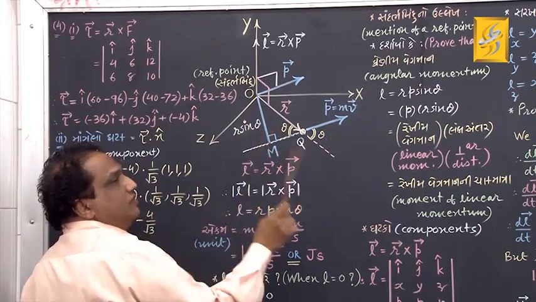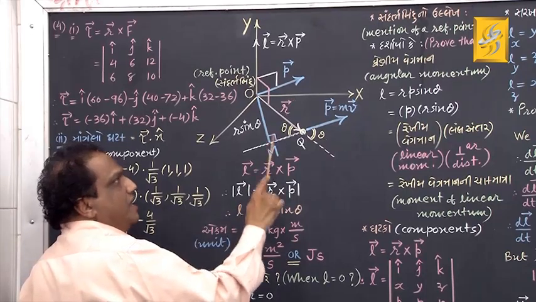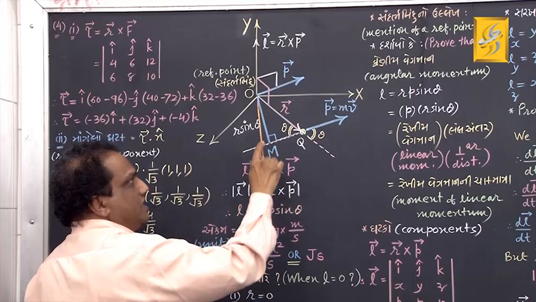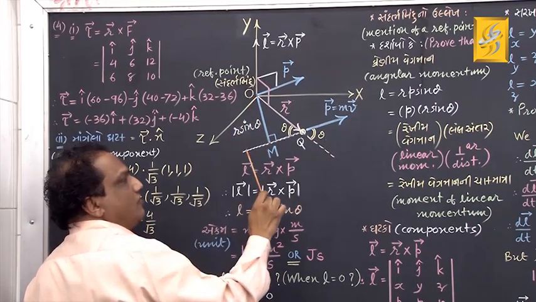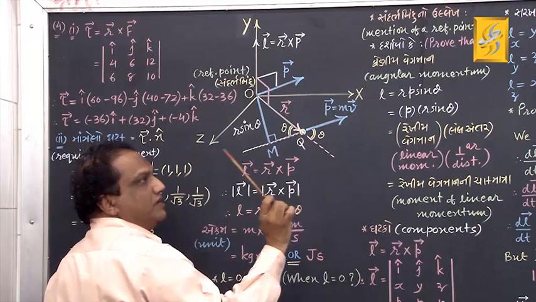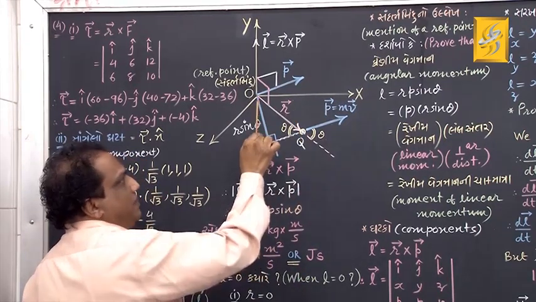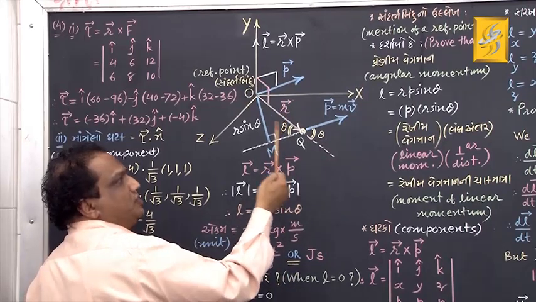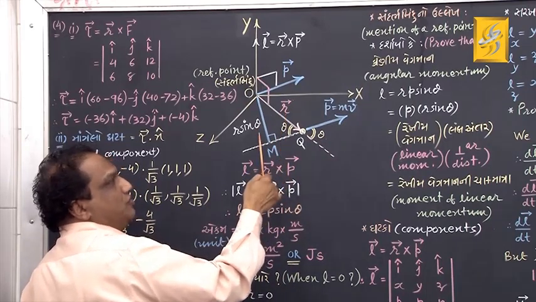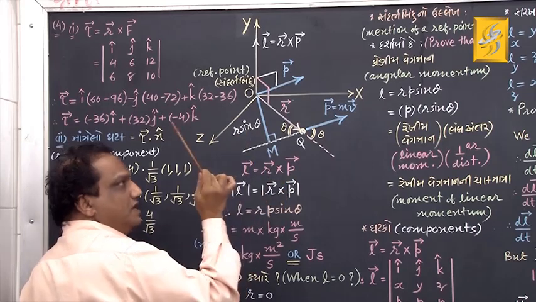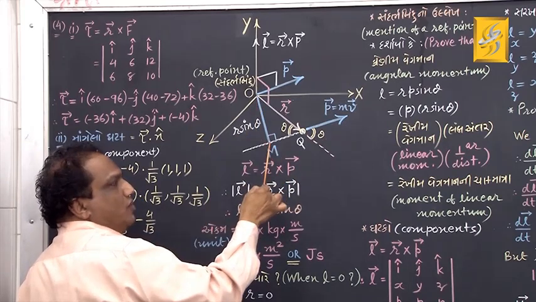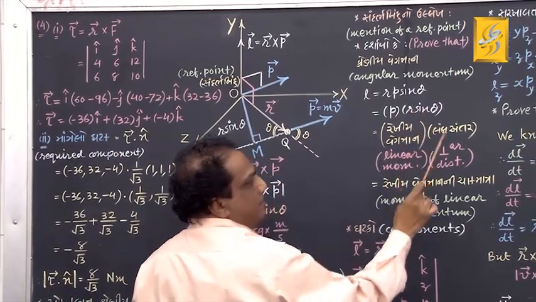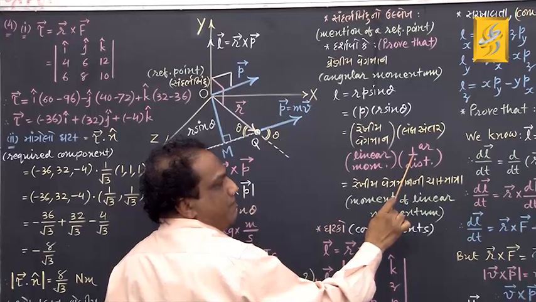When you draw the perpendicular, the foot of the perpendicular is point M, and the distance OM will give you the perpendicular distance of the reference point from this line passing through vector p. Now that perpendicular distance is nothing but the component of r opposite to theta, which is r sin theta. So this OM is nothing but r sin theta, the perpendicular distance.